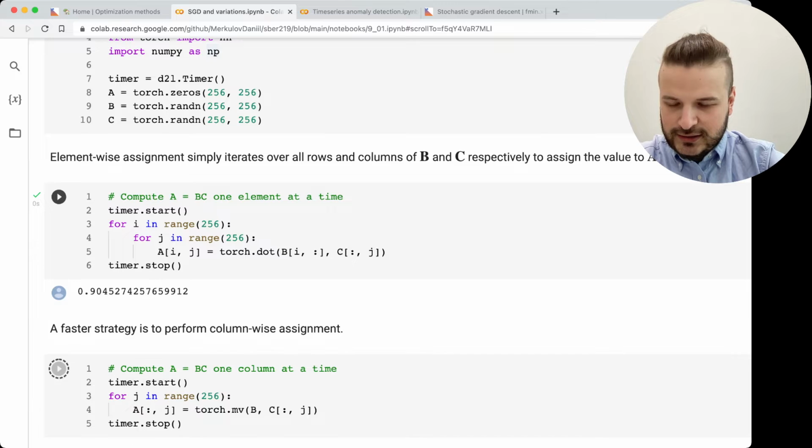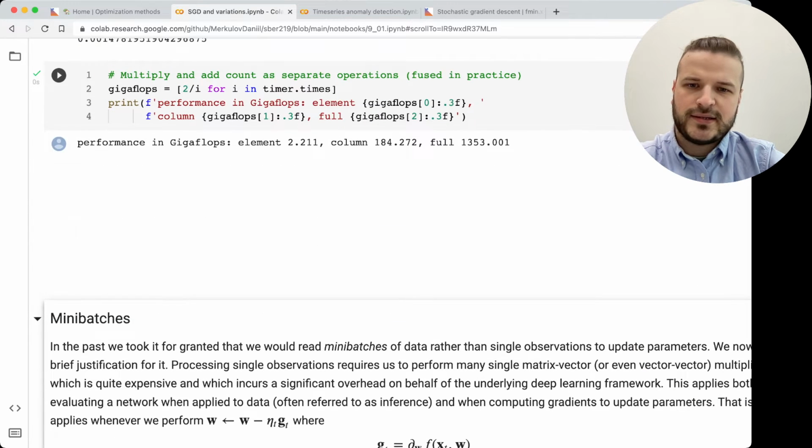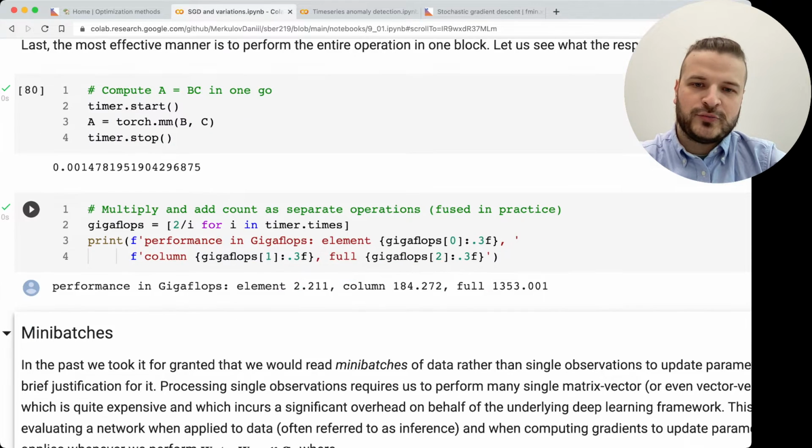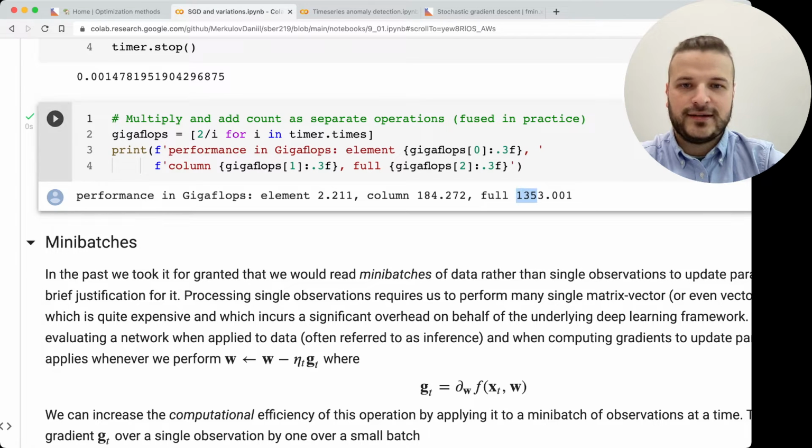Let's run it again. There was some problem. Yes, that's it. So in terms of flops, we have this difference, almost 700 times faster than element-wise computation.